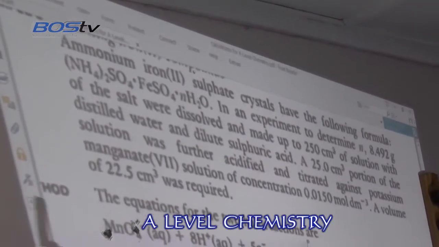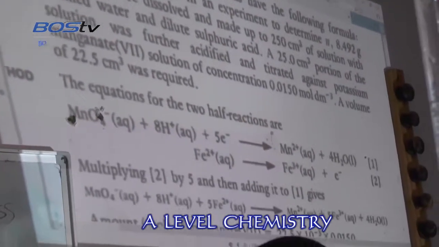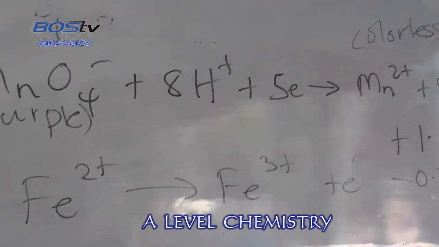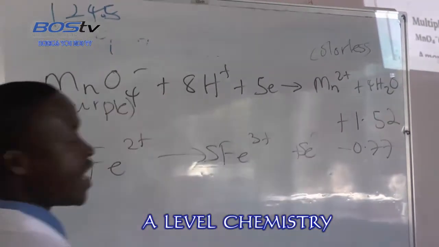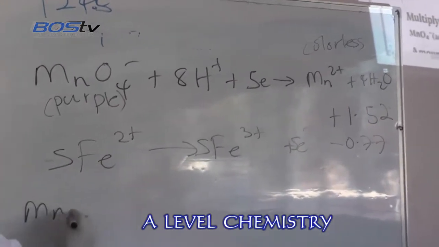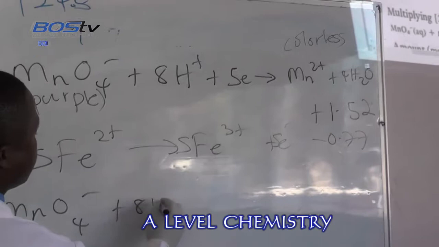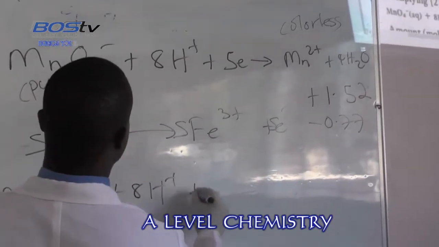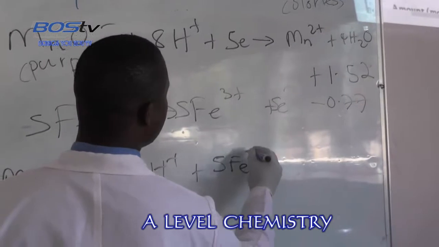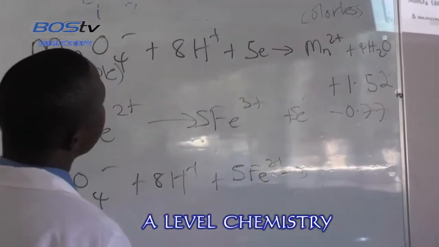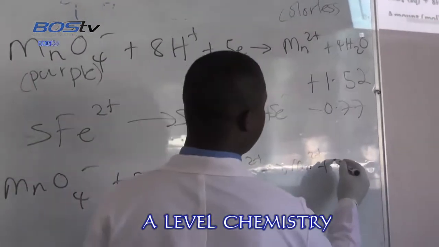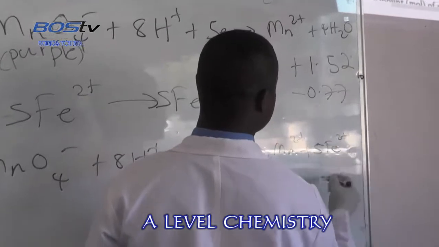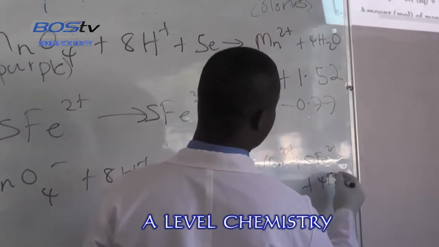Let's try to work out that question before we do the practical. Now, these are our half equations. Let's add them and get an overall equation. Let's balance so that our electrons will cancel out, so here I'll add 5. MnO4 minus plus 8H plus plus 5 Fe2 plus forms Mn2 plus plus 5 Fe3 plus plus 4 H2O.